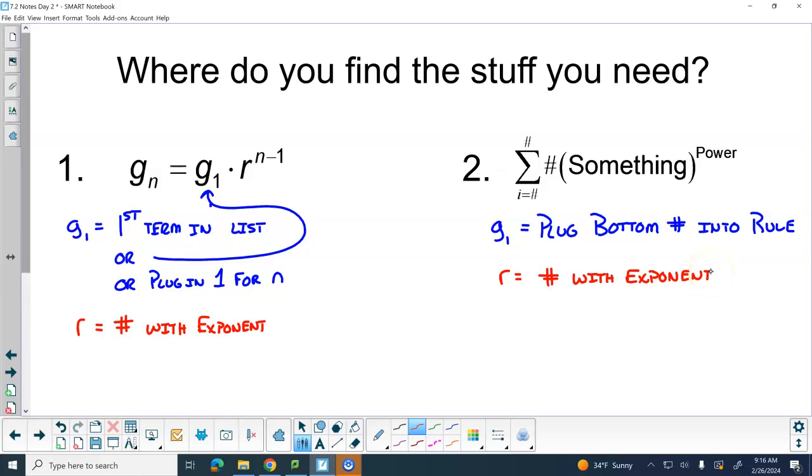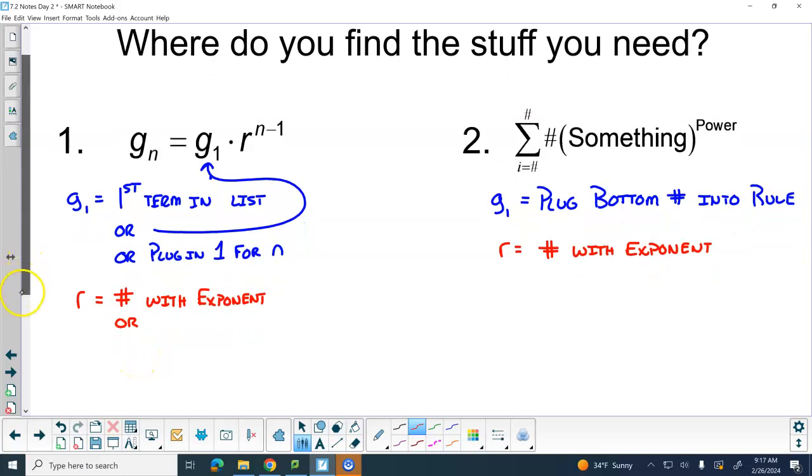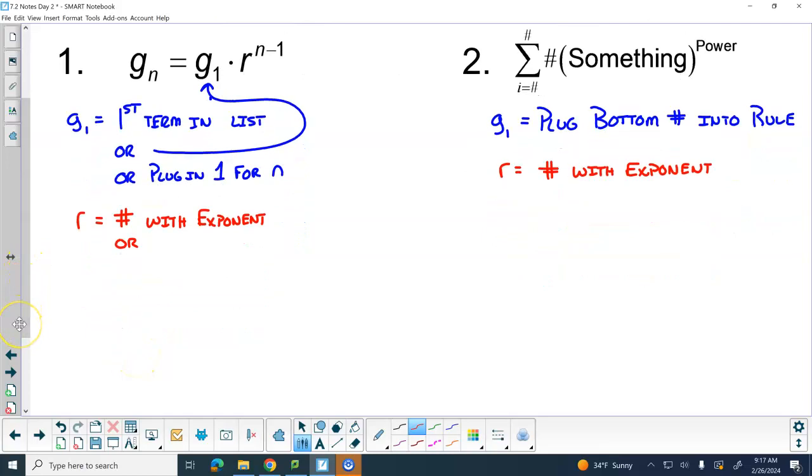If we're given a list instead of just the rule, how do I find R? So if I'm given a sequence where I've got term after term after term, how do I find R? We said it last week. How would I find R if I'm given just a sequence?